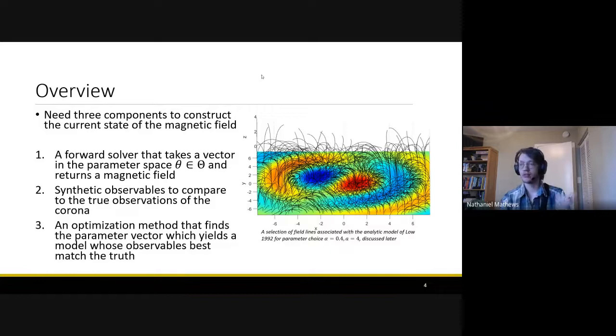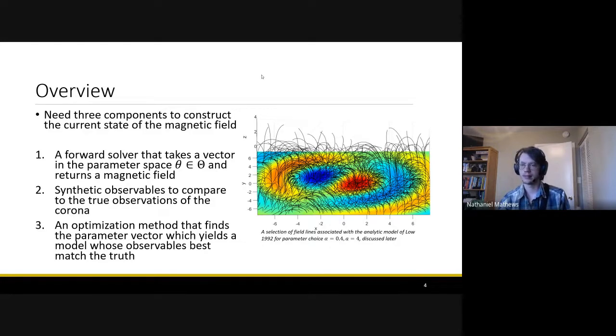We need a forward solver or a generative model that takes some set of parameters and produces a magnetic field that's self-consistent and the sort of magnetic field the sun's active regions might have. And we need a method that constructs synthetic observables from a model like that.